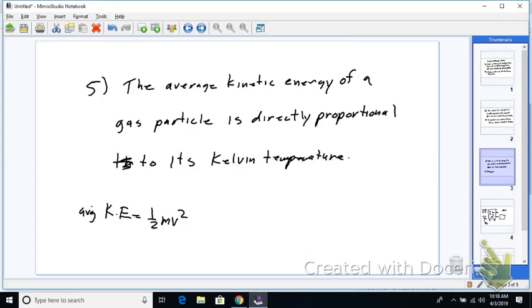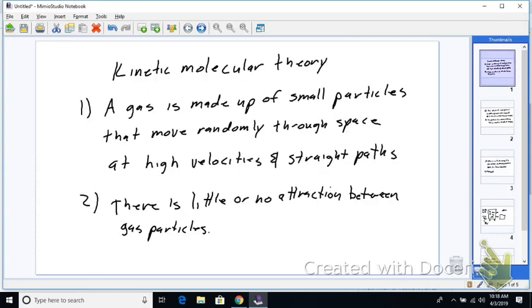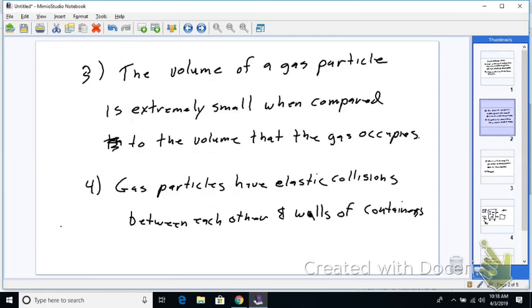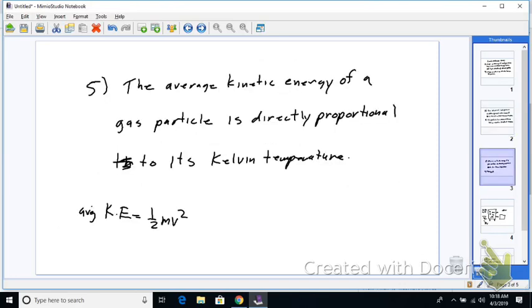So these are your 5 statements. We've talked about 3 statements, volume, temperature, and pressure. There's a 4th one that's throughout the whole thing they talk about. They're in 1 and 2, in 3 and 4, and in 5.